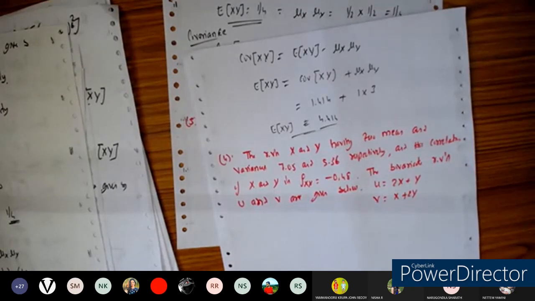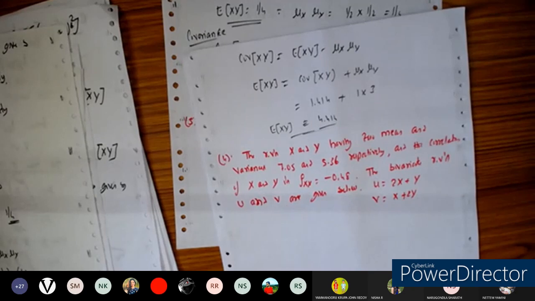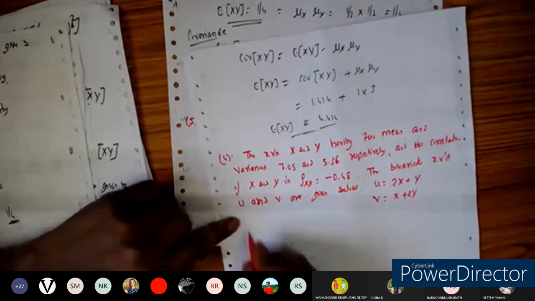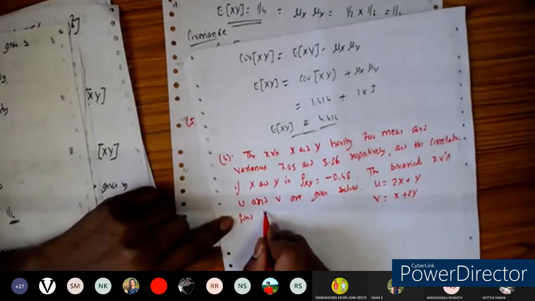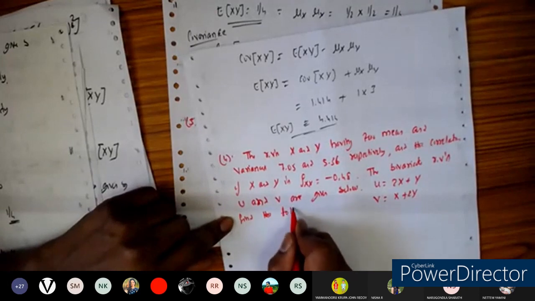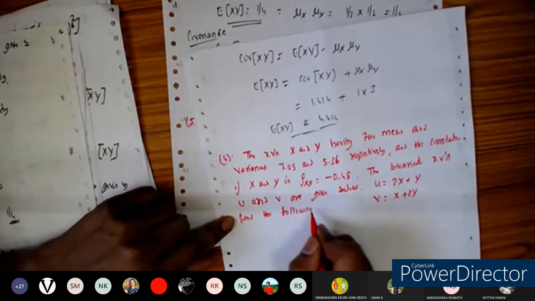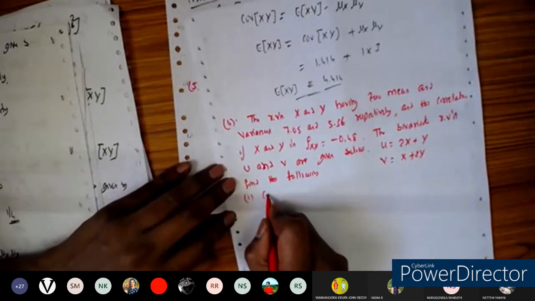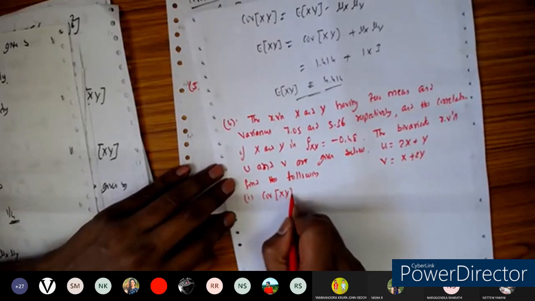Find the following. First one is covariance of XY.